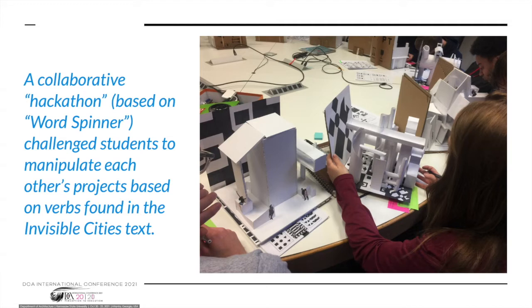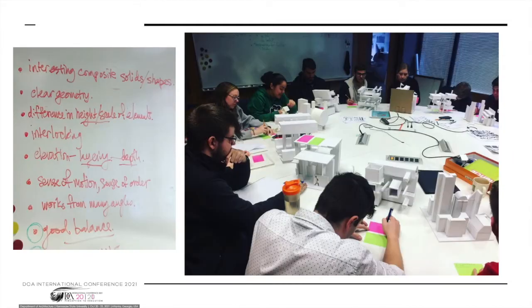So a hackathon was held in the spirit of Word Spinner, the Surrealist game, and you pull out a verb from the chosen text and you use that verb to modify the study models to take it in a different direction. So students are literally learning from each other in terms of how these different verbs can be formed into different operations. This is just a couple of weeks before the great exodus in which the pandemic forced us to go to virtual learning.